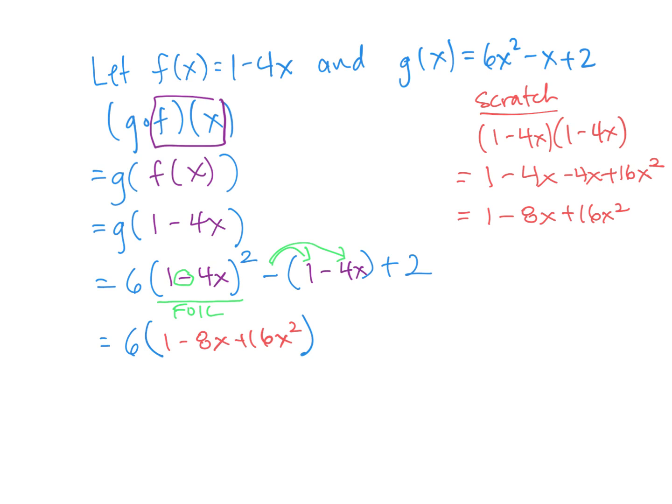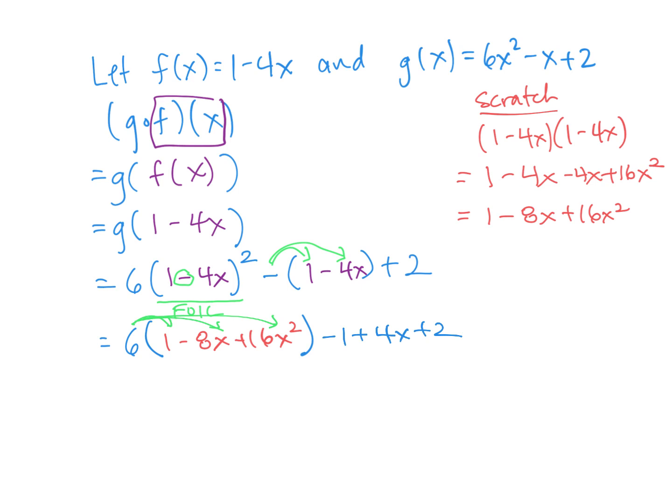Whew, that was fun. Next up, let's distribute that negative like we said we would do. That's just going to change my signs. So I'm going to get minus 1 plus 4x. And then that plus 2 at the end. I still have some parentheses to get rid of. I still have to distribute that 6 to the 3 terms inside.